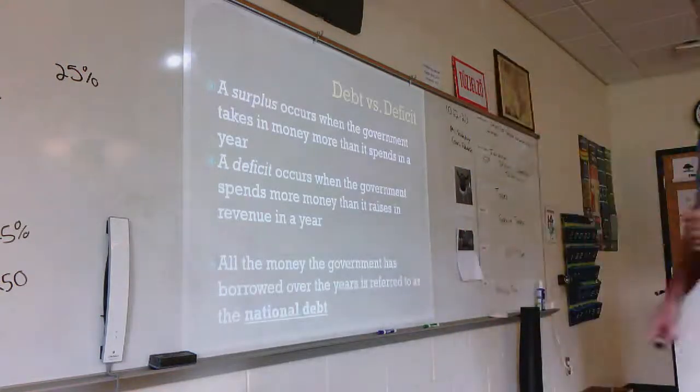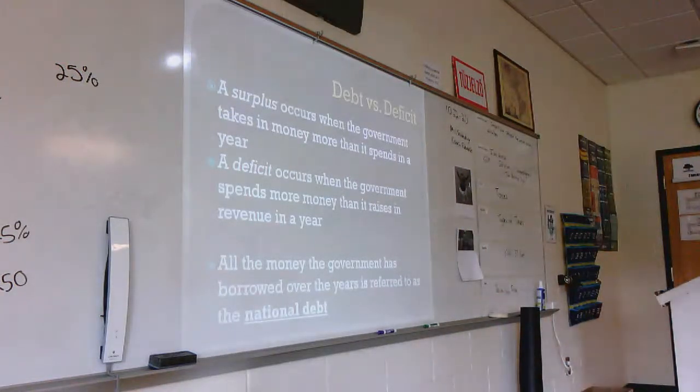The final thing, and this is going to move us into what we'll be talking about later this week, is the difference between debt and deficit. Whenever an individual runs a budget surplus, that means they're making more money than they're spending. Since college, my wife and I have run a budget surplus, meaning that we'll make like $100,000 and only spend like $70,000, so we've got money in our savings account each year.